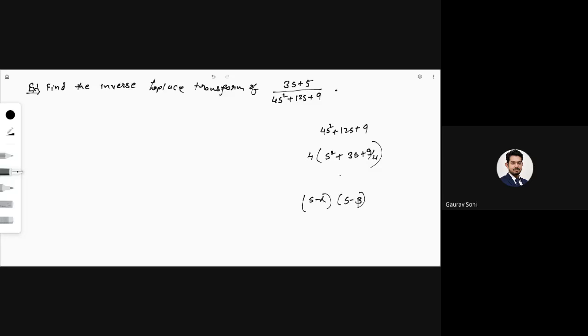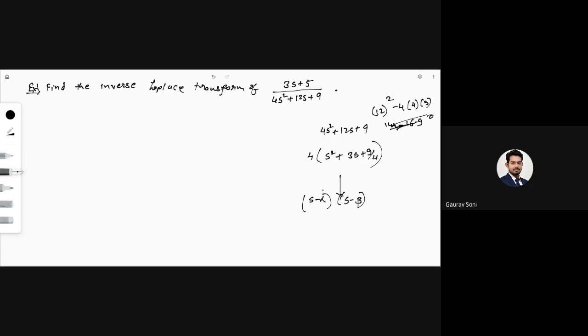If you take the discriminant, b square minus 4ac, 12 square, 144 minus 16 into 9, it turns out to be 0.